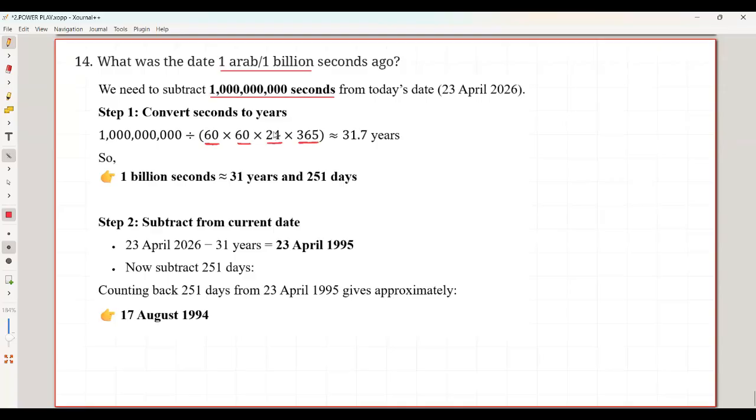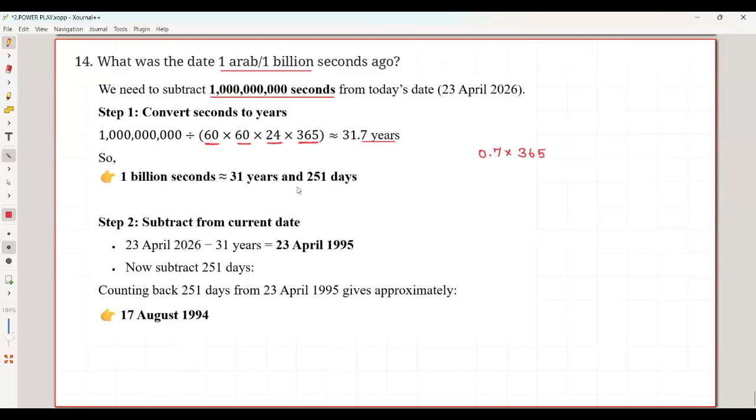Therefore we divide 1 billion by 60 into 60 into 24 into 365. Then multiplying 0.7 into 365, approximately you will get 251 days.